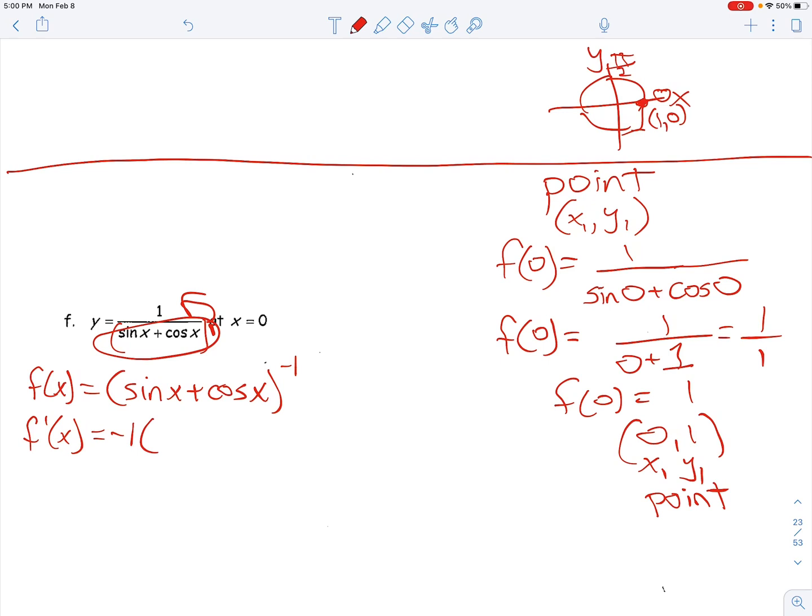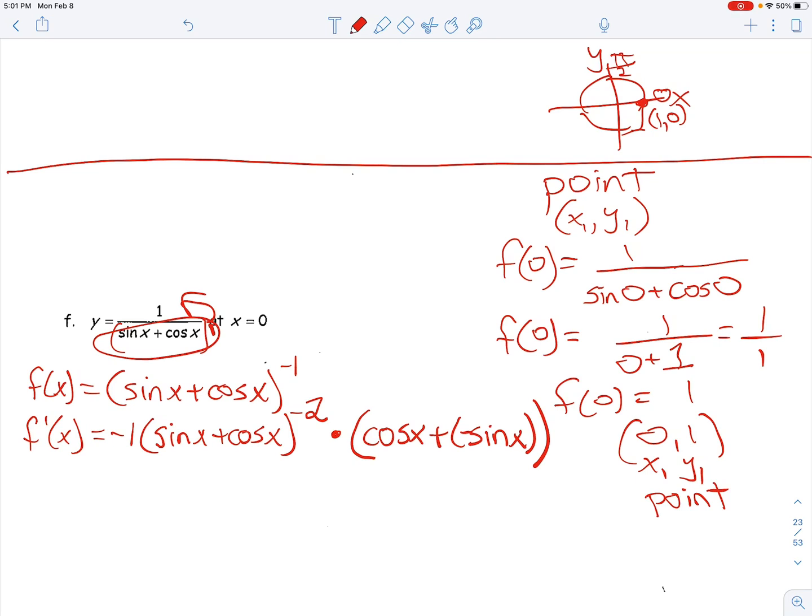All right, so let's do the derivative now. F prime of x: negative 1 goes in front. Keep the inside here, evaluate it at the inside, decrease the exponent by 1, and now multiply by the derivative of the inside, the derivative of sine x plus cosine x.